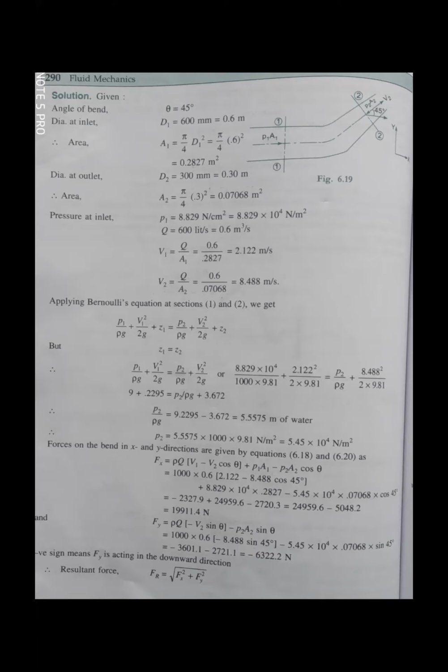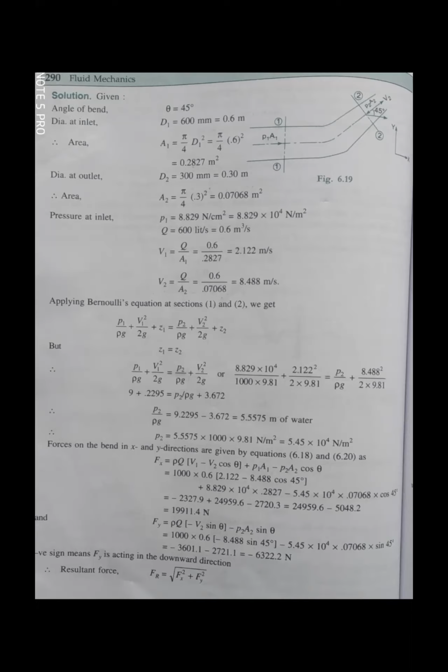Equate that to A1 V1 and find V1. Equate that to A2 V2 and find V2. Now here Z1 equal to Z2 is written, but in the figure it is shown different. One of you tell me why Z1 equals Z2.